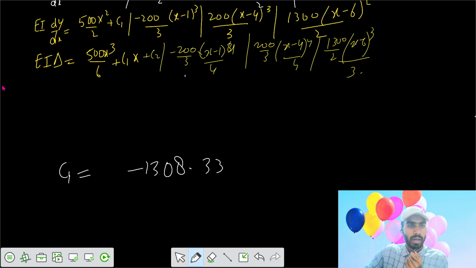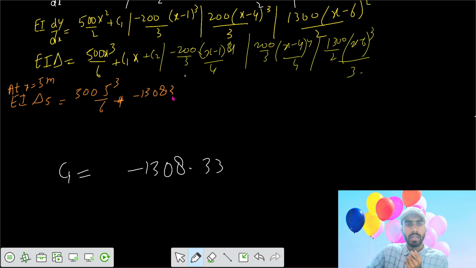So we can write at x equals 5 meter, your delta 5 becomes equals to 500 times 5 cubed by 6 plus your value of C1, that is minus 1308.33, into your 5 value. This term is also valid for 5 minus 1 power 4 divided by 4.